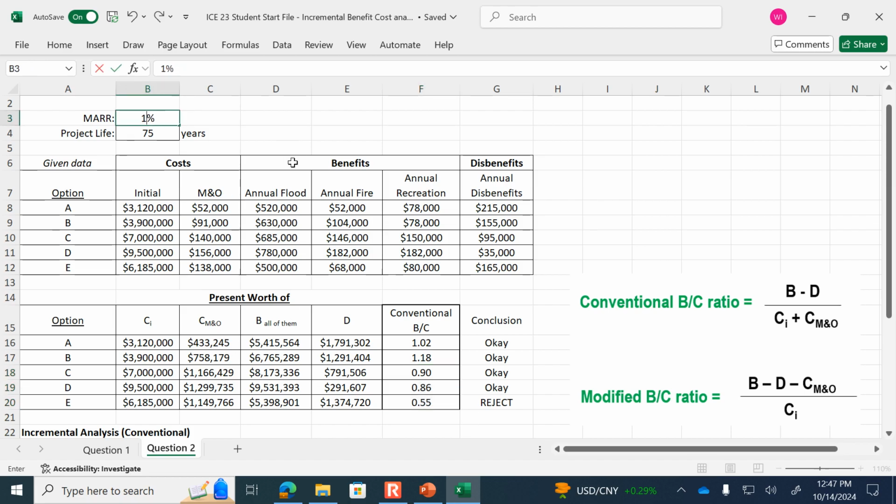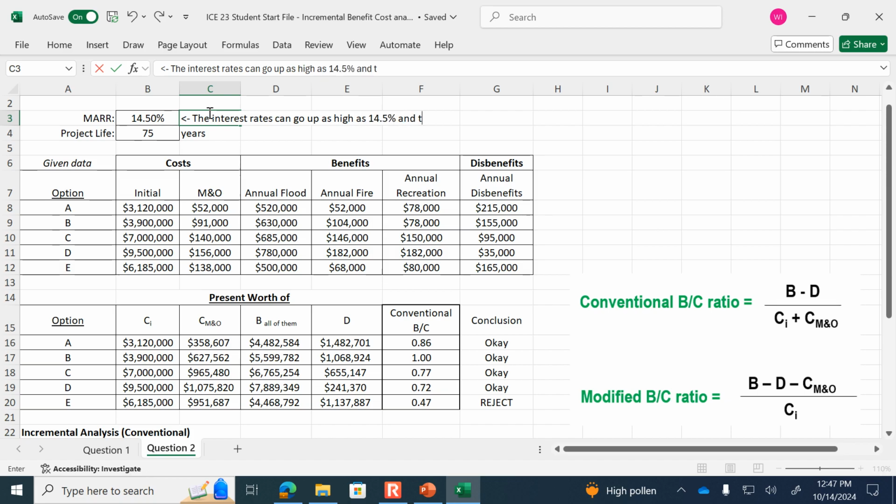If it goes up to 14, we're just barely hanging on here with option B, which at 14.5% is just marginally above 1. And so we'd say that interest rates can go up as high as 14.5%, and there will still be an acceptable alternative.